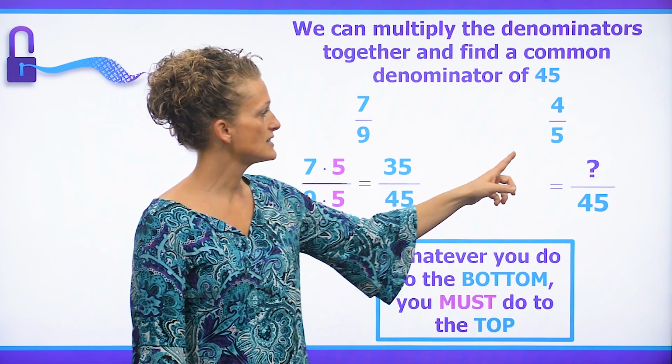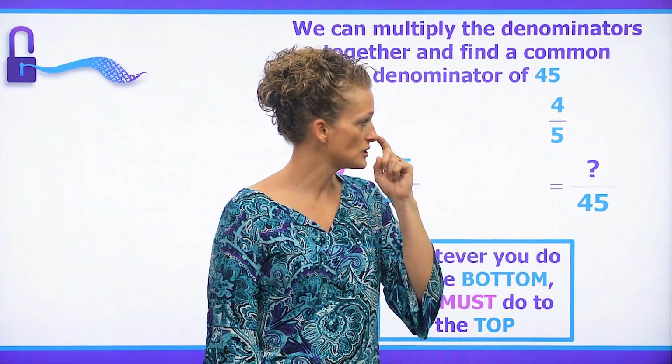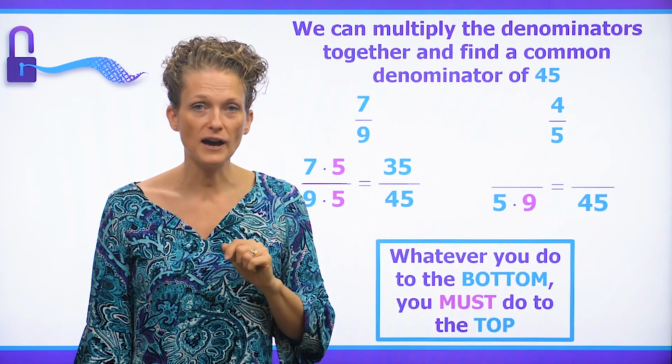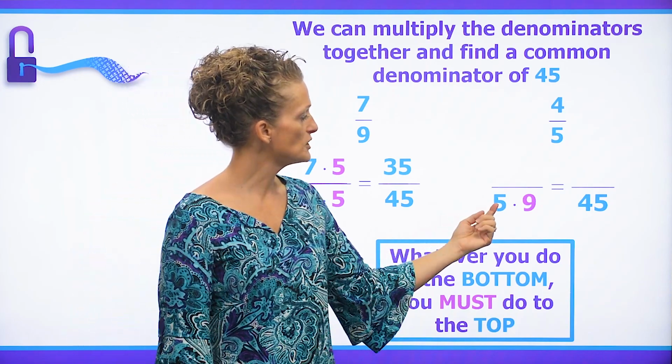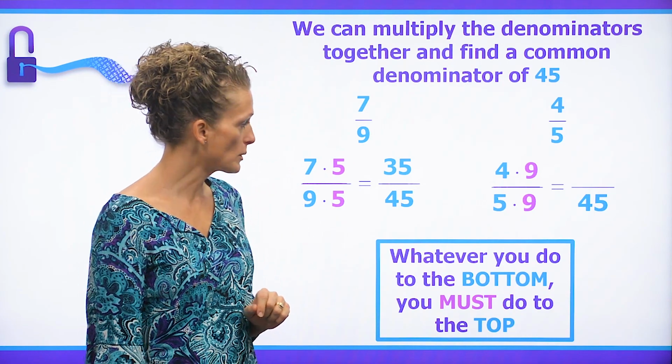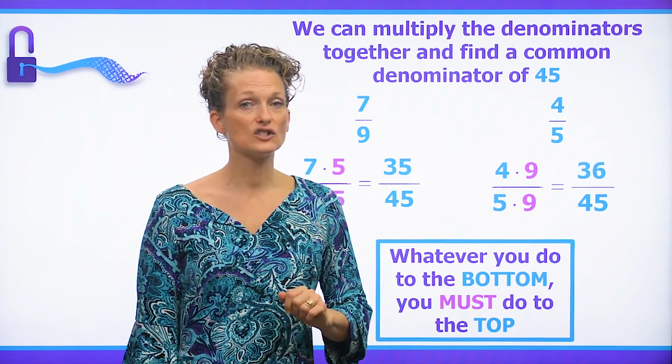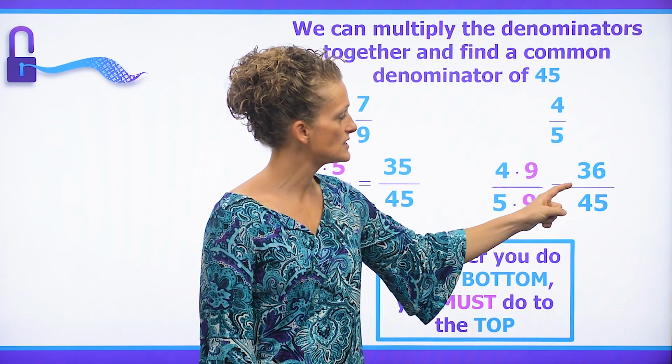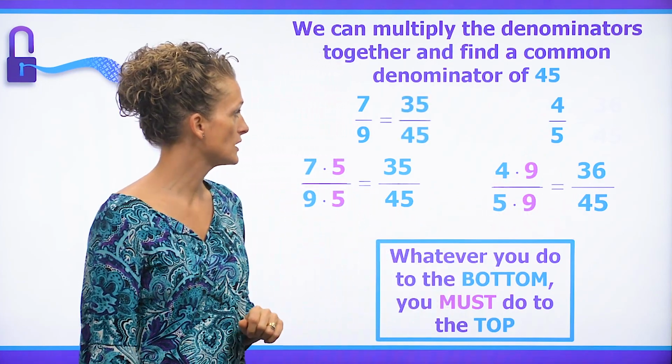And now we want to do the exact same thing. What did we have to multiply 5 by to get 45? Well, the answer is 9. So if we multiply 5 by 9, we also have to multiply 4 by 9. So 4 times 9 is 36. So 4/5 is equal to 36/45.